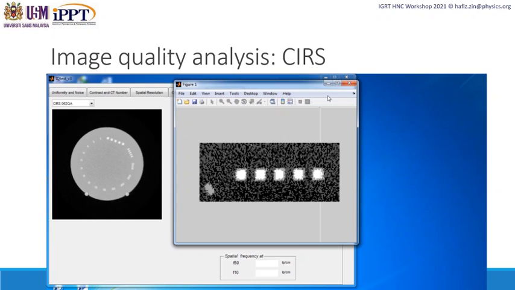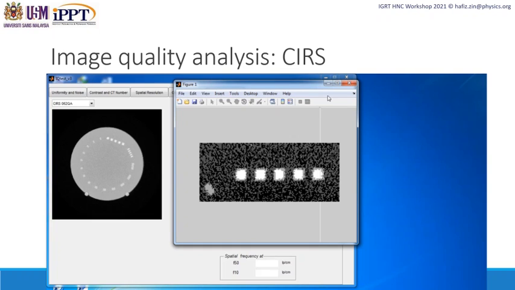Using a qualitative method, the physicist will observe each of these line pair sets and determine which of these sets can be seen. The highest spatial resolution that you can see visually on the phantom, we often found, would be different from one person to the other, and it can vary depending on who is doing the evaluation.